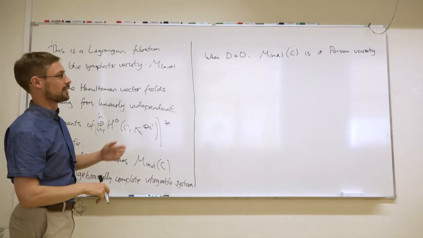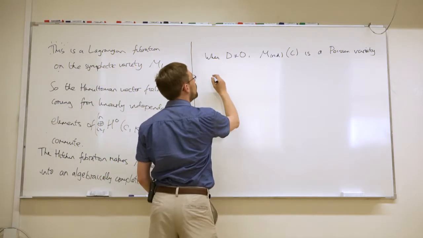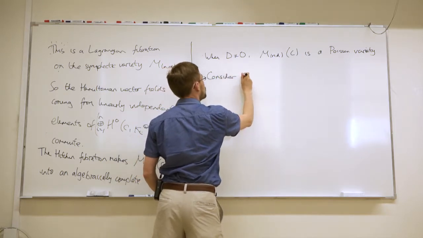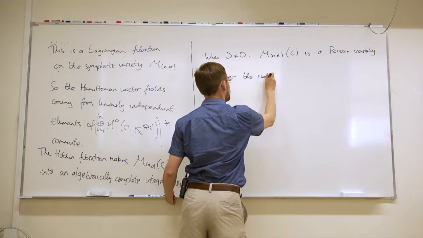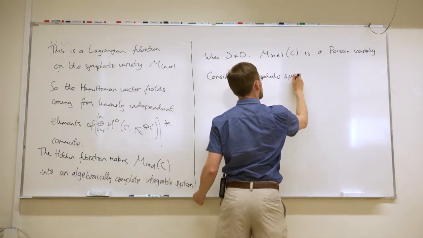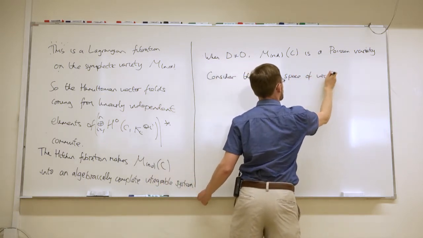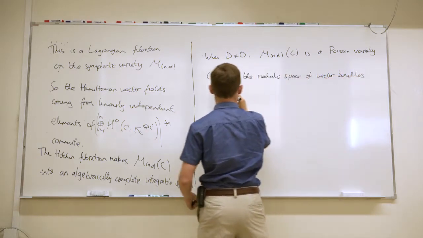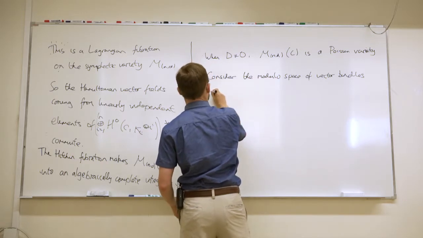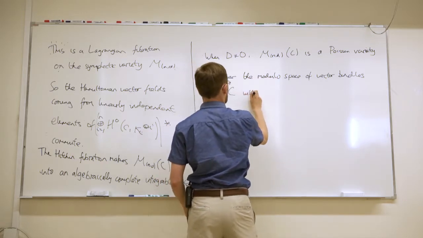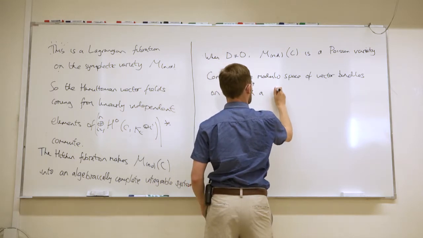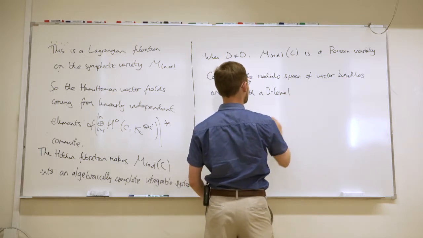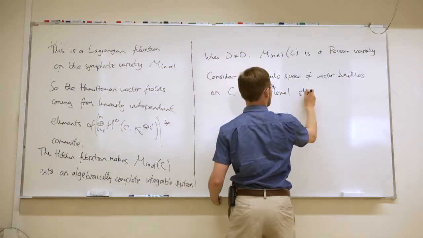Namely, you can consider the moduli space of vector bundles on C with a D level structure. I never know whether to put D before or after level. People do different things.